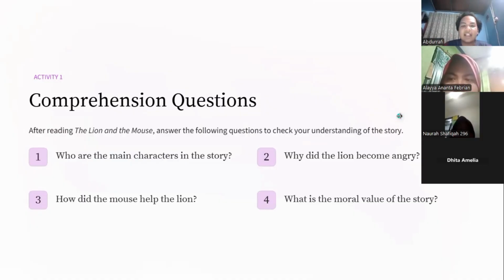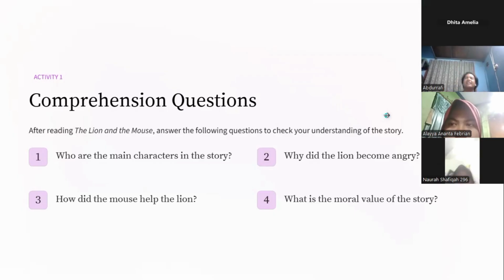The first question is, who are the main characters in the story? Can anyone please raise your hand to answer? Okay, Dita, what's the answer? The main characters are the lion and the mouse. Is my answer right, Mister? Yes, correct. Thank you, Dita.